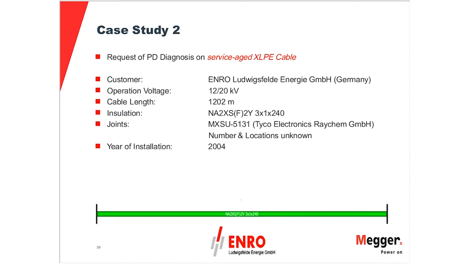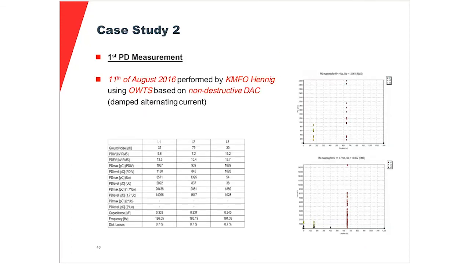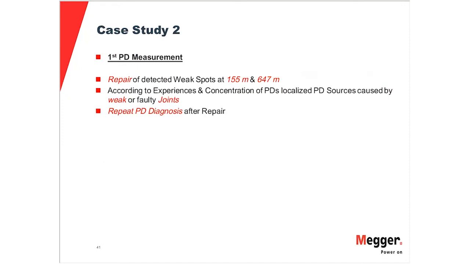So that customer has called a service provider to perform some partial discharge, and he did that measurement on 11th of August, and he found 2 weak points within the cable. And these weak points have been reported to the network owner, saying that there are 2 weak points at 155 meter and 647, and we proposed to repair these joints.